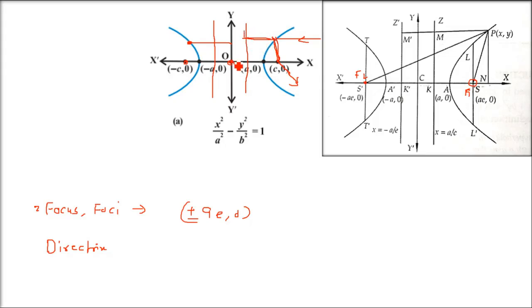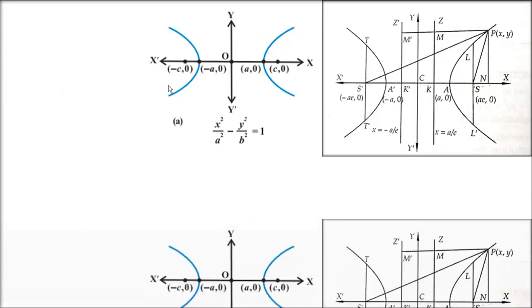This directrix, we proved in the earlier discussion, to be A by E. That is, it is A by E far away from the center or y-axis. So the equation of the directrix will be x equals plus minus A by E. I'm combining both sides together. There is one more thing, the center. Right now it's 0, 0, but it will be H, K when we see the questions.